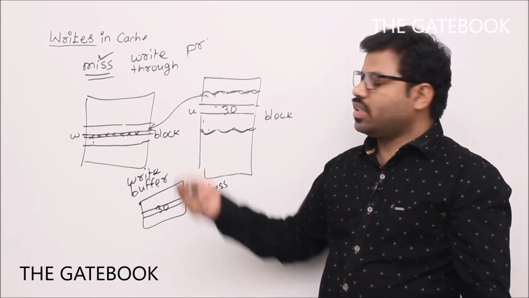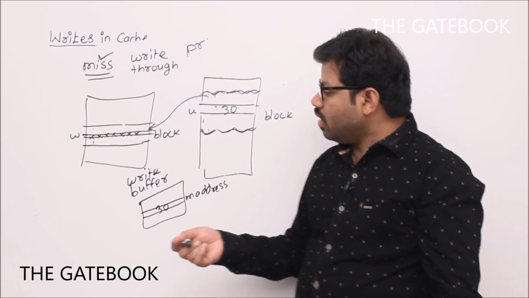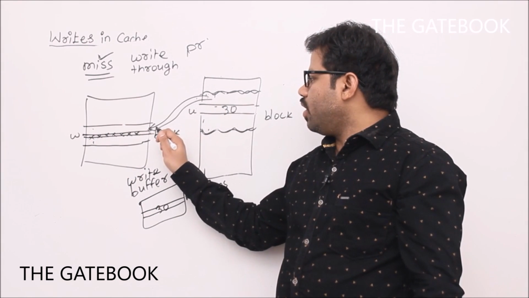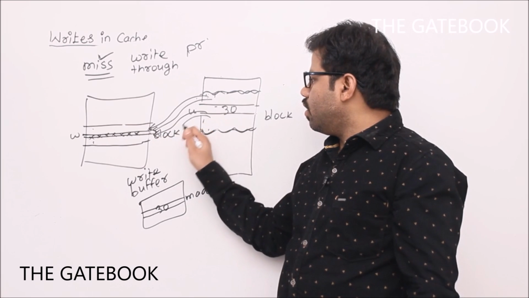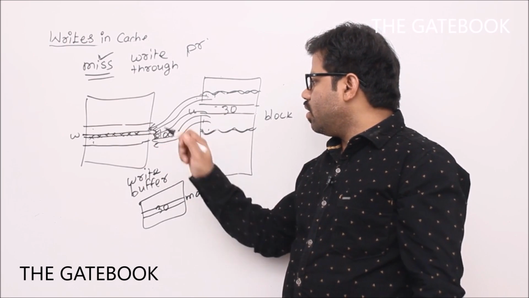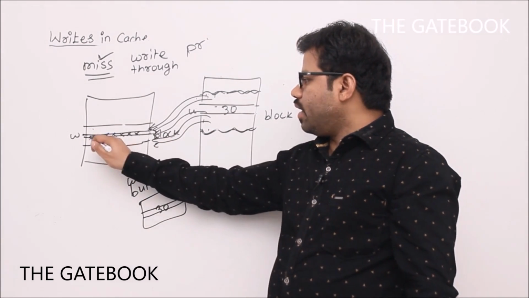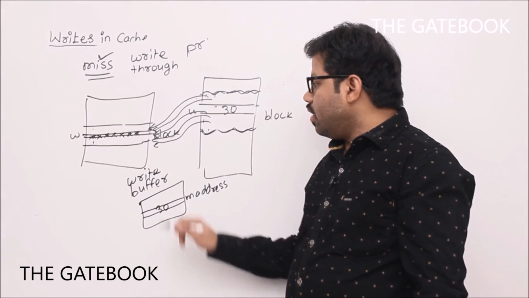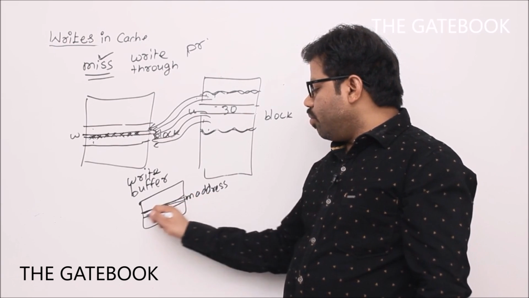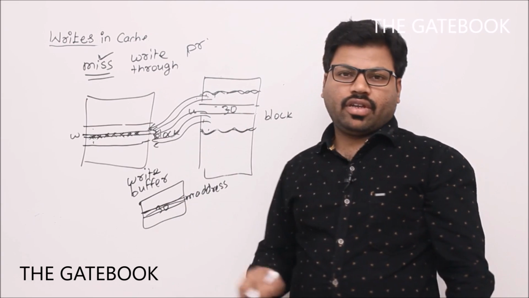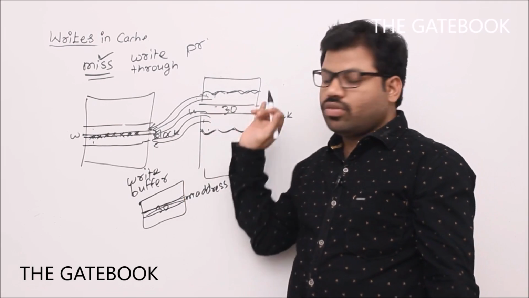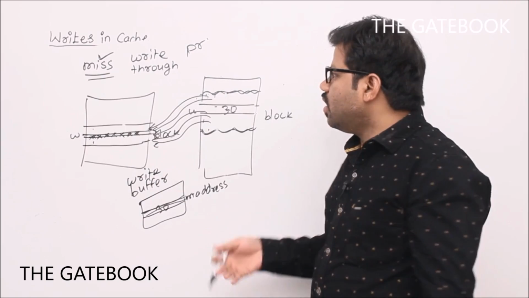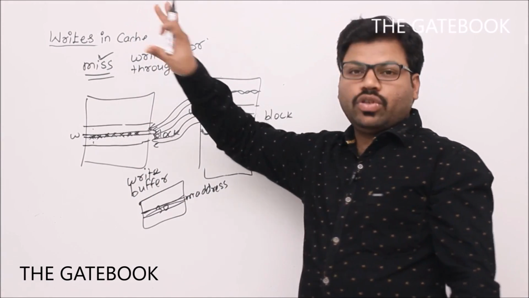The second is with a write buffer: first transfer the block from main memory, then update the cache at the right place. Then write the same data into the buffer, but don't update main memory right away. The buffer is going to update it later in other clock cycles. So this is the write through procedure.